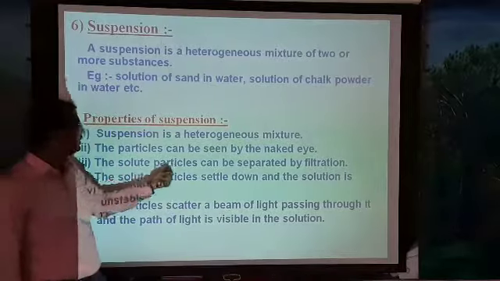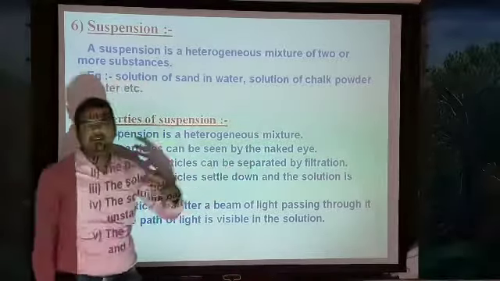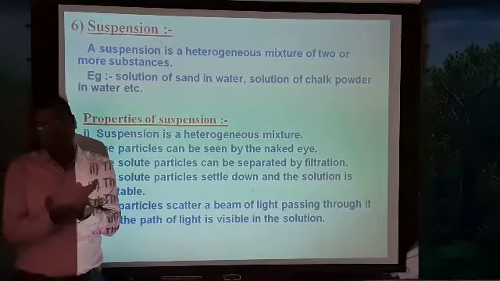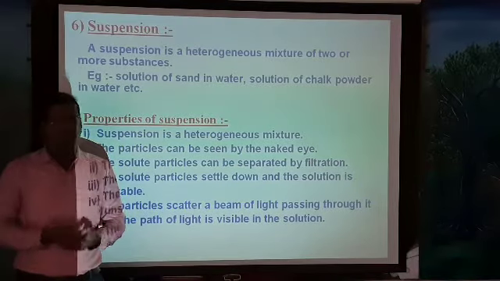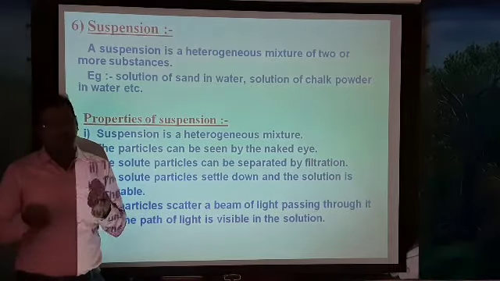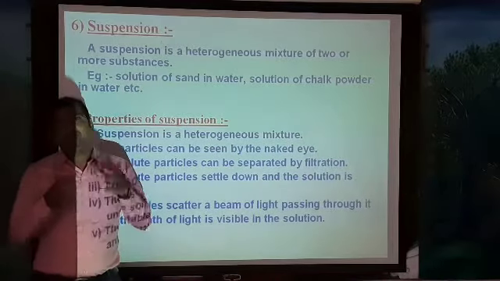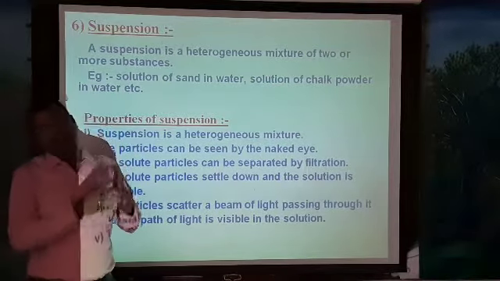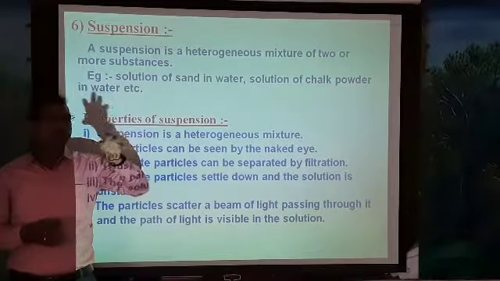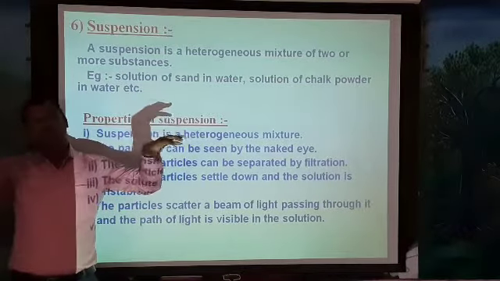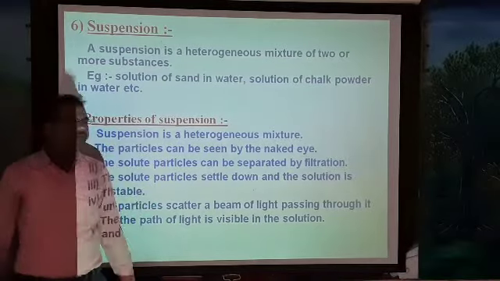The solute particles can be separated by filtration. If you take a filter paper or a filter like the one you use at home, by the filtration method we can separate the particles in the suspension, like sand, and the water as well.